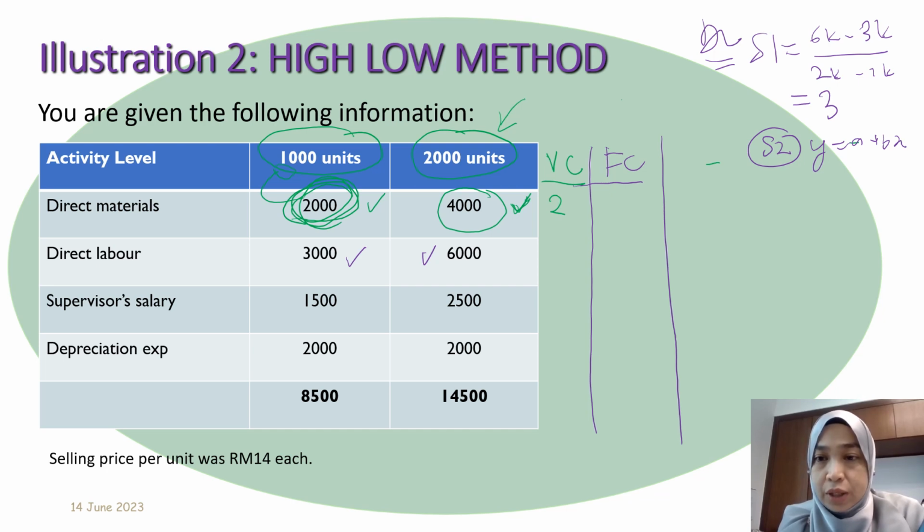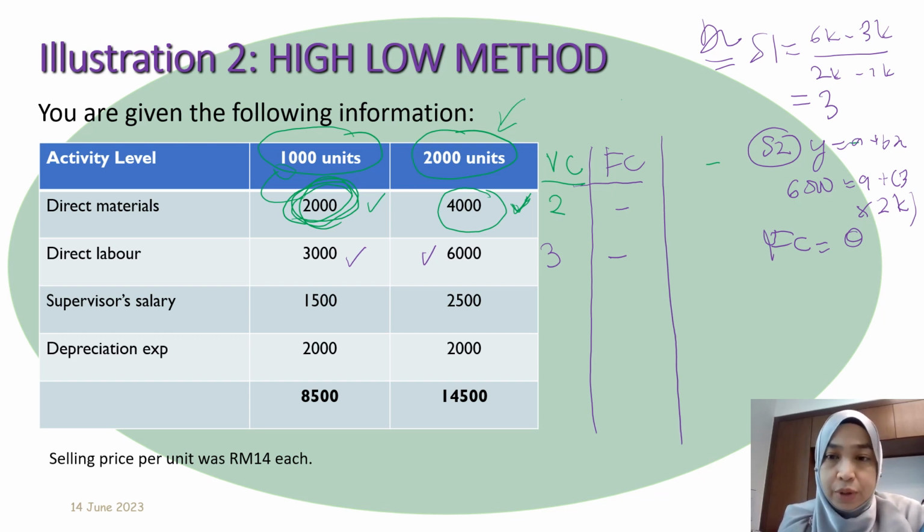So if you take y equivalent to 6000, a is constant plus bx, b is 3 ringgit just now, and x is actually 2000 if y is equivalent to 6000. So when you solve this equation, your fixed cost is also 0. Therefore, direct labor is also considered as variable cost. So the value for variable cost is 3 ringgit, no value for fixed cost.